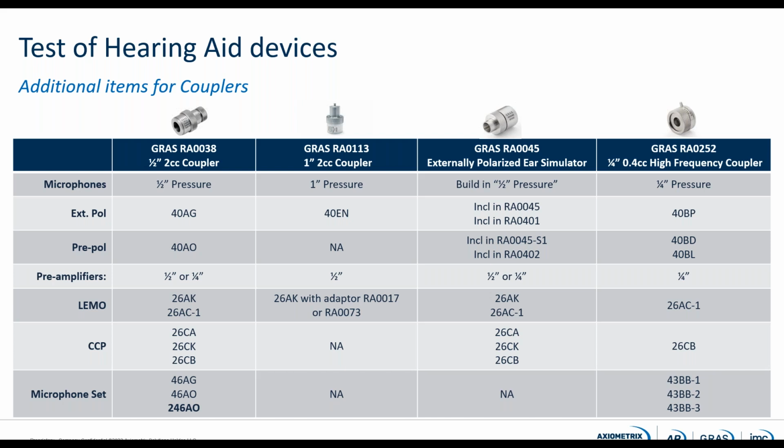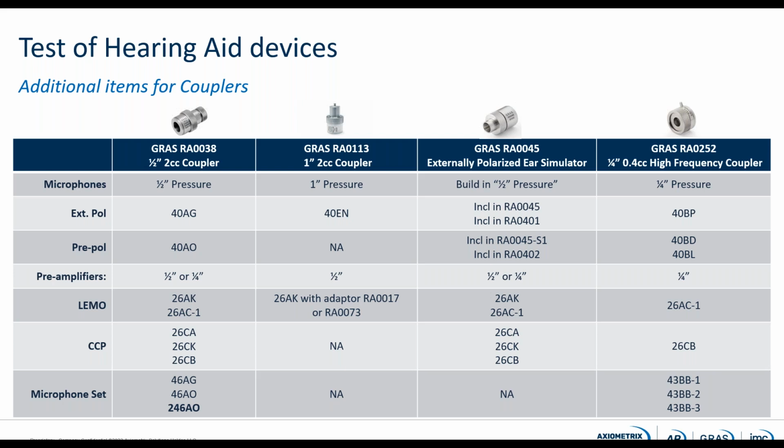This microphone has something called SysCheck, and I will come back on the next slide on SysCheck. For the 1-inch coupler, you need a 1-inch microphone like the GRAS 40EN, and you also need an amplifier like the 26AK for a 1-inch 2cc coupler.